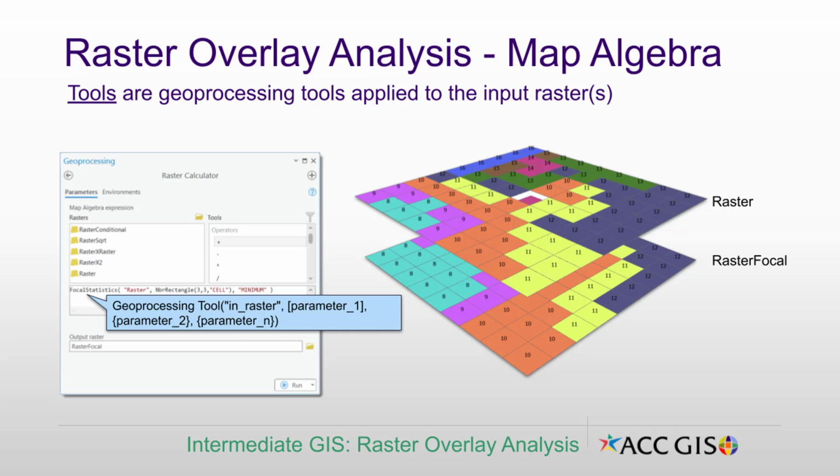Looking at the image on the right, you can see I've got my input raster, and then I've calculated the 3x3 neighborhood raster focal statistics for every cell in the output. And it's not just mathematical or statistical tools that you can utilize in the raster calculator. You can use slope, you can utilize the buffer tool, you can utilize most of the geoprocessing tools accessible in the ArcGIS toolbox.